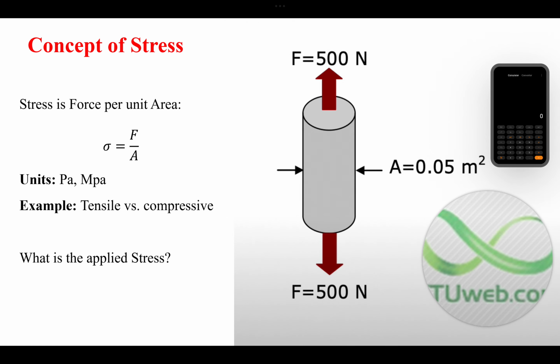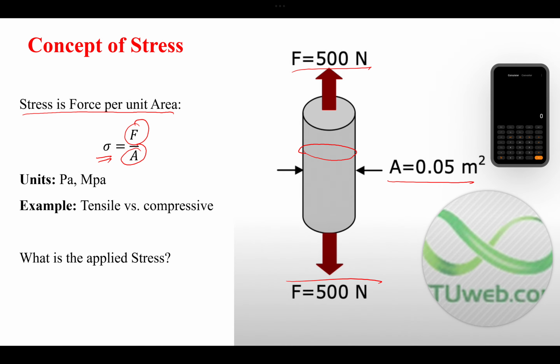So starting with the concept of stress, it is the force per unit area. So the force applied, F, divided by the cross section area. For example, if you look at this figure, we have this cross section area. It is given as 0.05 meter square and a force of 500 Newton is applied. So when you have this much force applied on a certain cross section area, we calculate the stress.